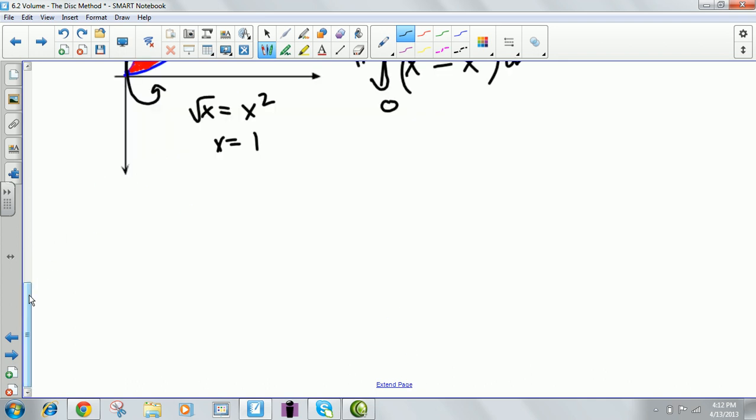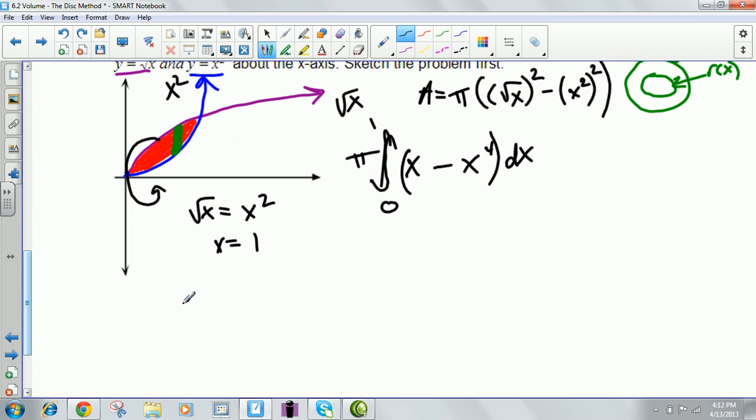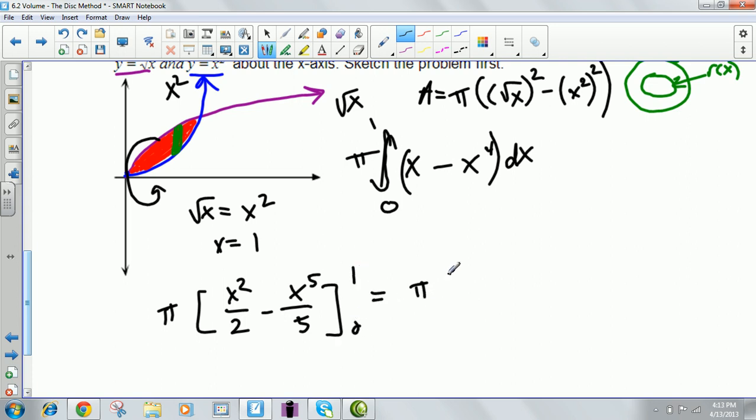Okay, so now we can go ahead and integrate. After you integrate, you're going to have pi times x squared over 2 minus x to the fifth over 5, and that's from 0 to 1. So you'd have pi times 1/2 minus 1/5.